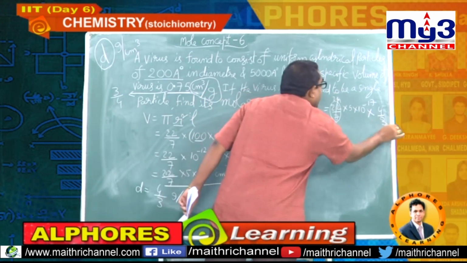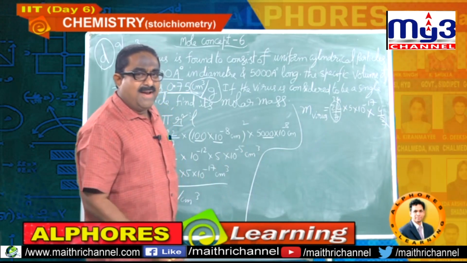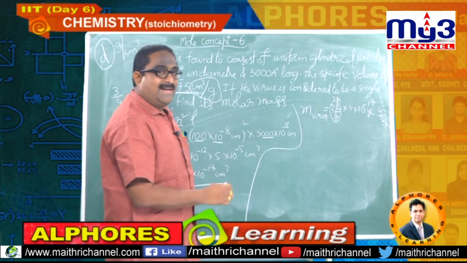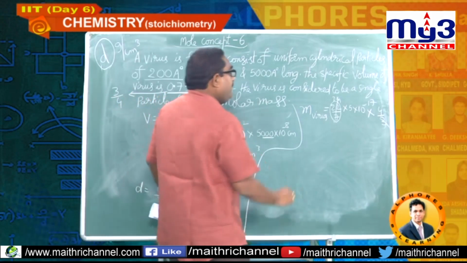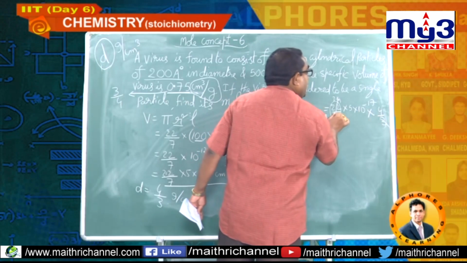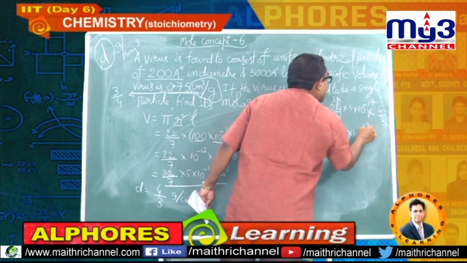Simply you can strike off to get the closest answer, because this is a competitive examination. You will be given options. The closest answer you need immediately, because time is countable. So, simply you can calculate 5 into 4, 20 into 10 power minus 17 grams.